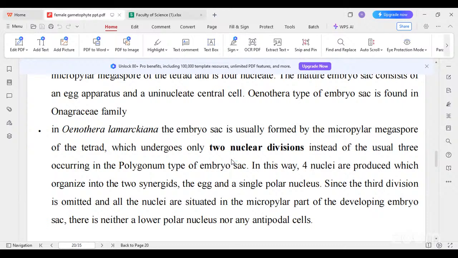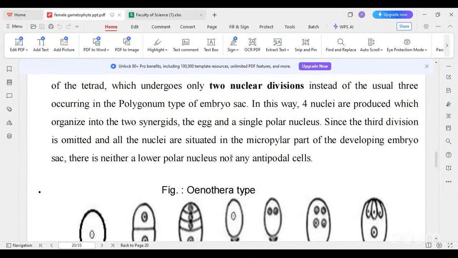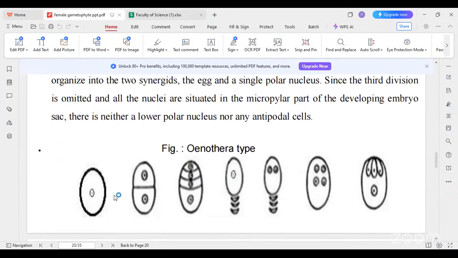In this way, four nuclei are produced, which organize into the two synergid cells, the egg and a single polar nucleus. Since the third division is omitted and all the nuclei are situated in the micropylar part of the developing embryo sac, there are neither lower polar nuclei nor antipodal nuclei. See, this is the enothera type.